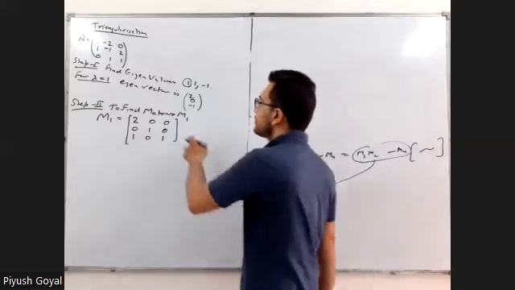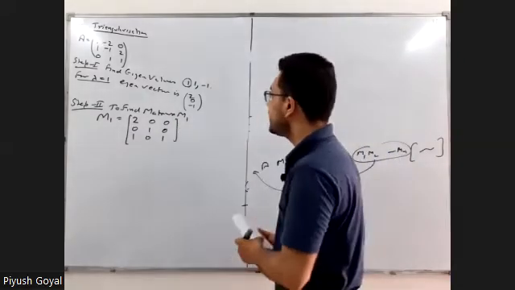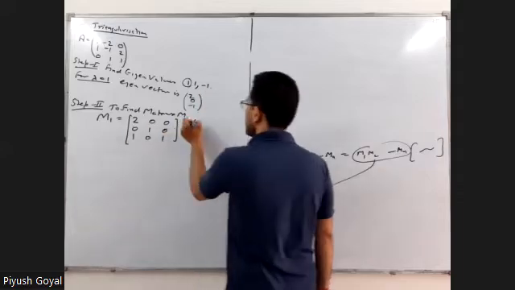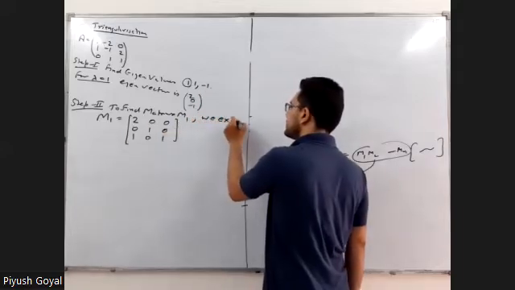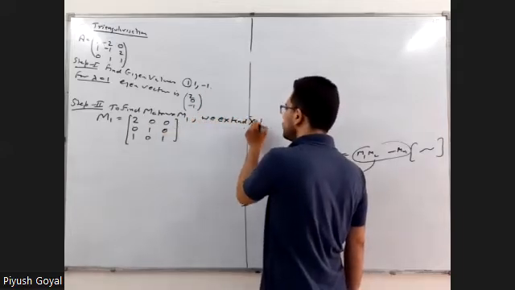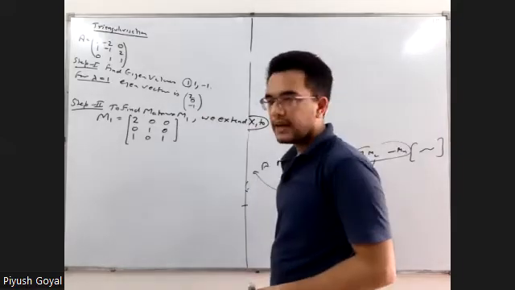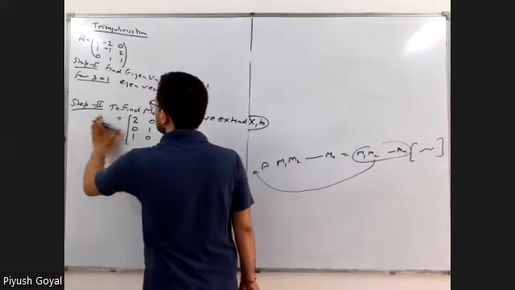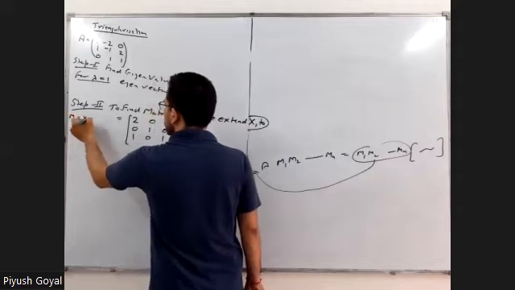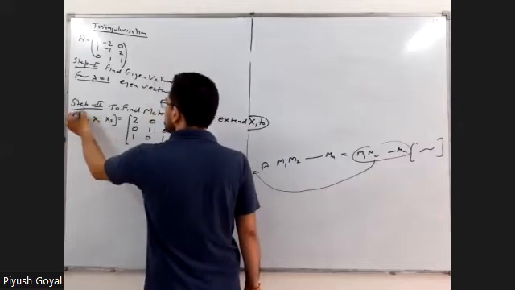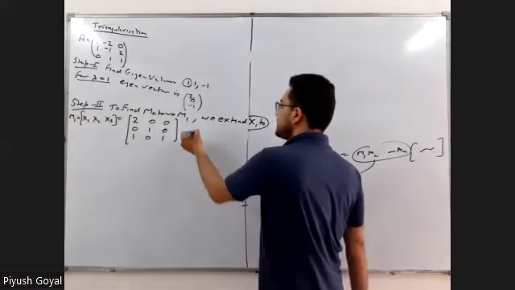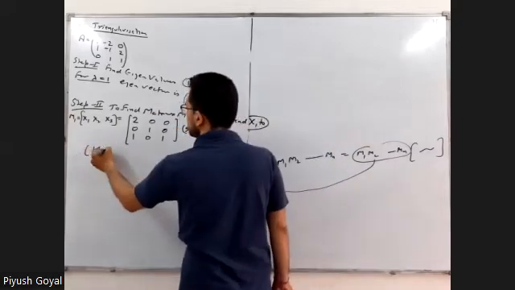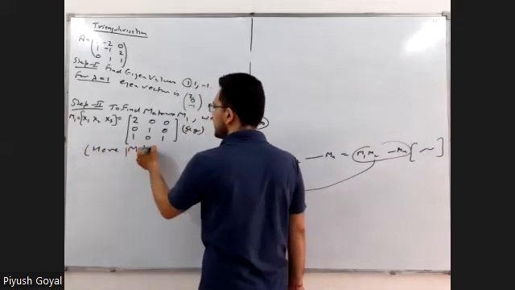So to find matrix m1, we extend x1 to m1 equal to x1 x2 x3, in such a way that the determinant of m1 is non-zero.